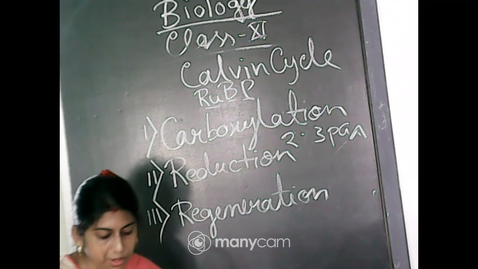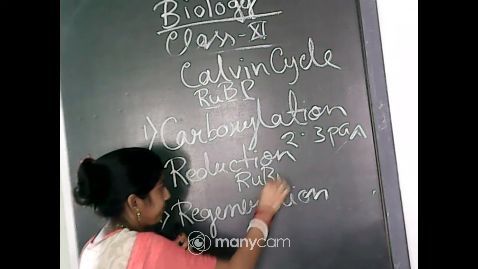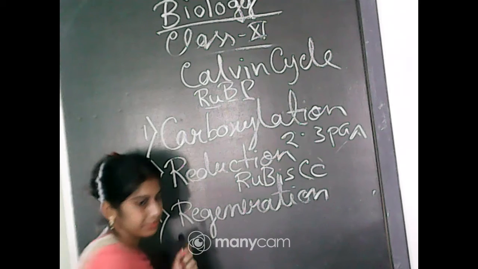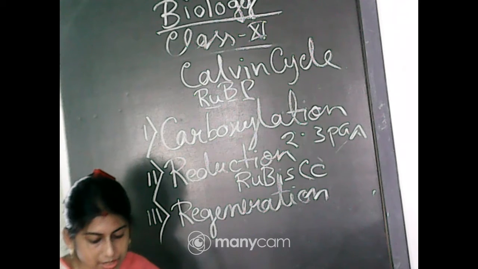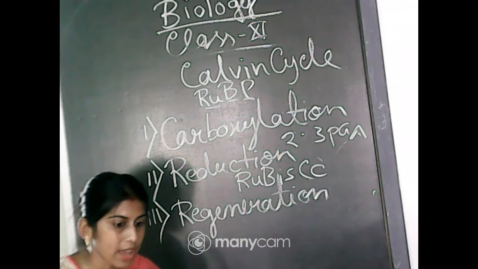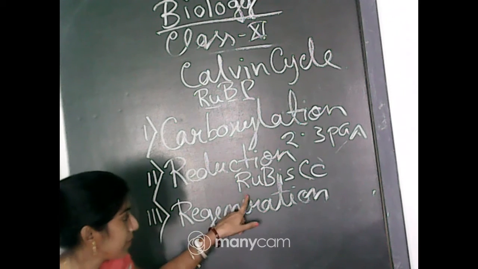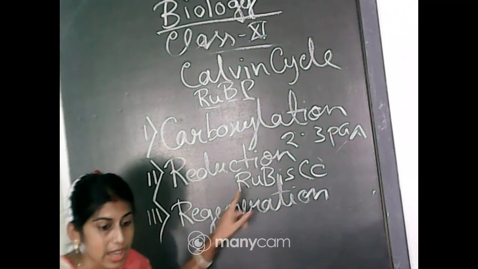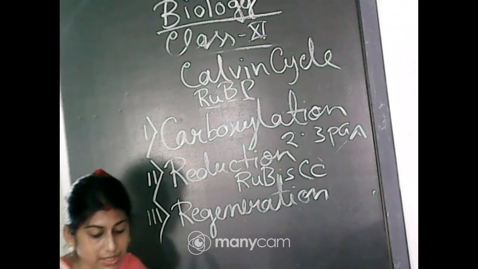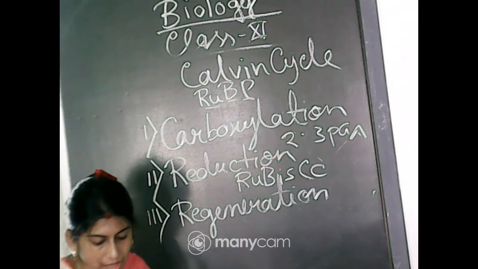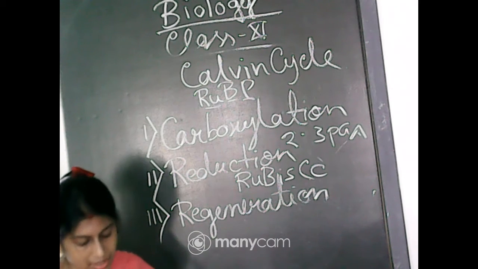Now, here I have used the name of an enzyme: Rubisco. This is a very important enzyme, and it is the most abundant enzyme. It has both carboxylase and oxygenase activities, carboxylation activity as well as oxygenase activity.